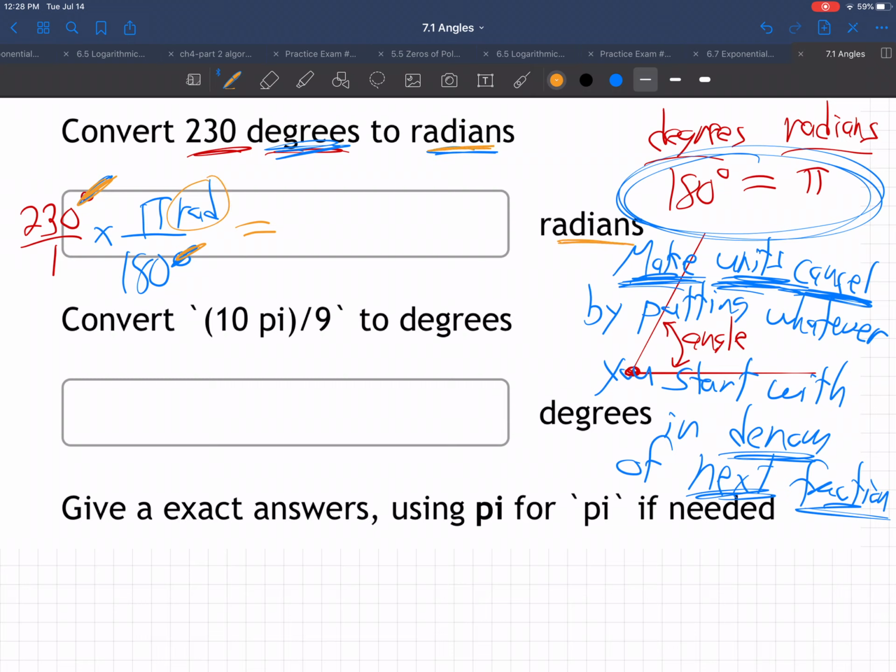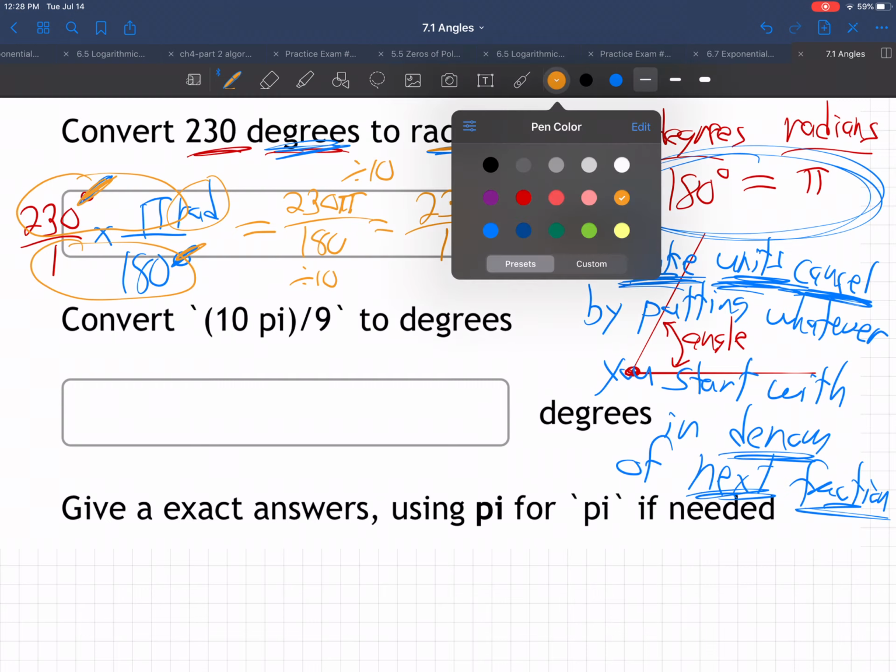So now just go straight across the top, straight across the bottom. We have 230 pi over 180. Then divide by 10, top and bottom, and we get 23 pi over 18 radians. No more degrees. Those cross-canceled.